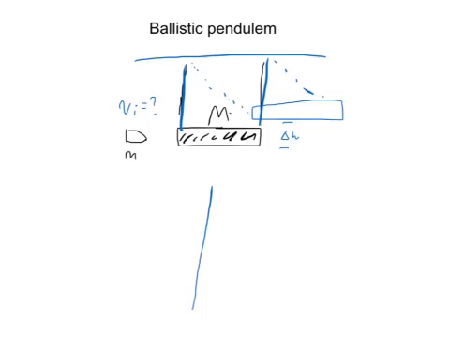So let's think about after the bullet was lodged in. So we're going to look at the after scenario first. After the bullet was lodged in, we're going to have a kinetic energy problem where kinetic energy is conserved.